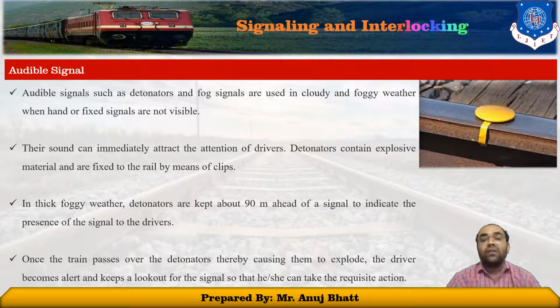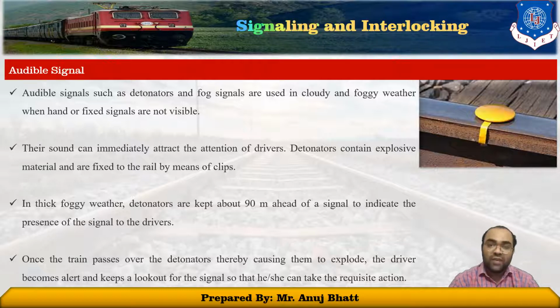When the hand or fixed signals are not visible in that situation or at those places, we use such audible signals, as their sound can immediately attract the attention of the drivers.